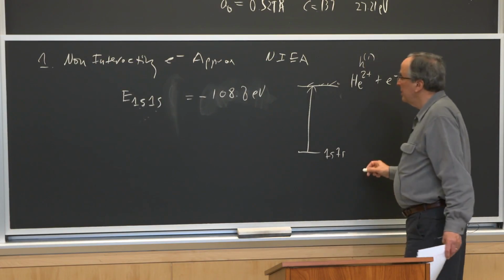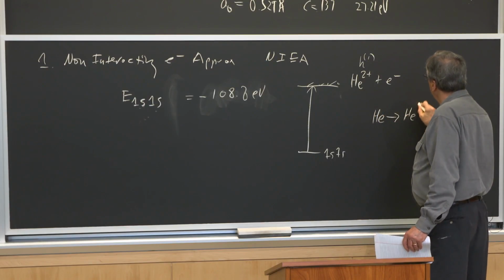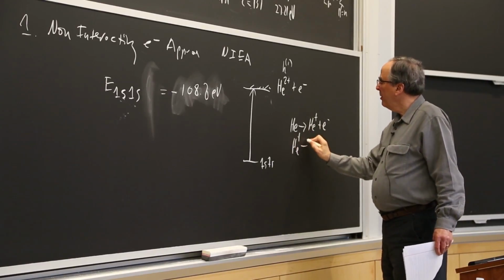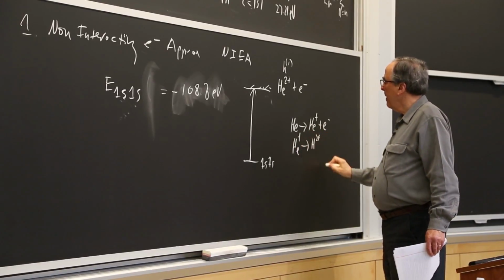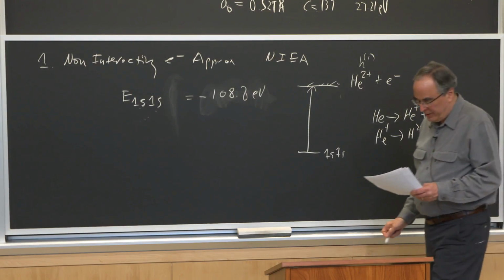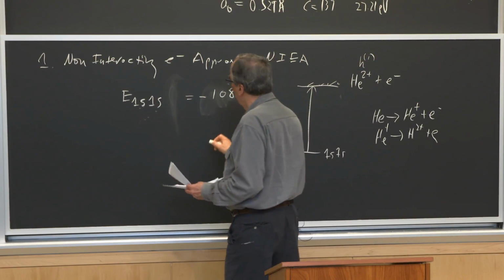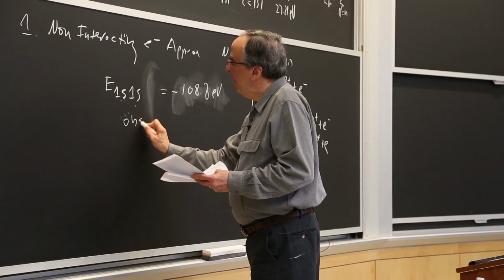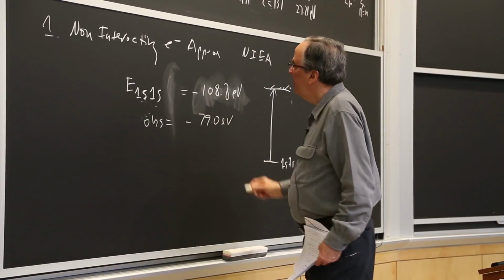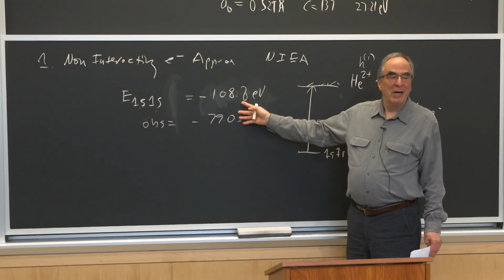Now you can measure this experimentally. You can do helium to helium plus an electron, and then helium plus going to helium 2 plus an electron. And the observed value is what I wrote before. Observed is equal to minus 79.0 electron volts. Well, you might say, well, that's pretty good. It's the same order of magnitude.